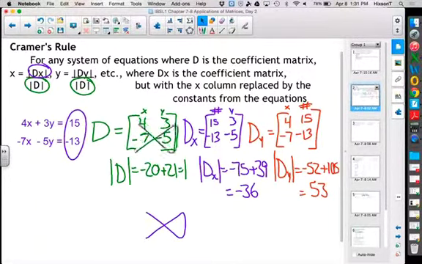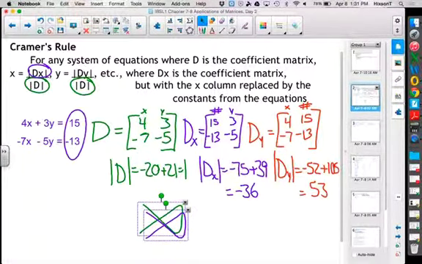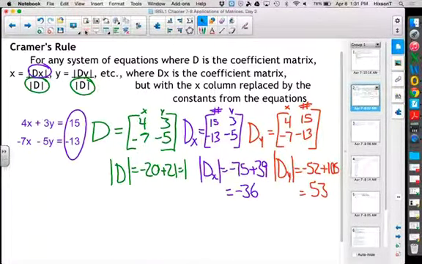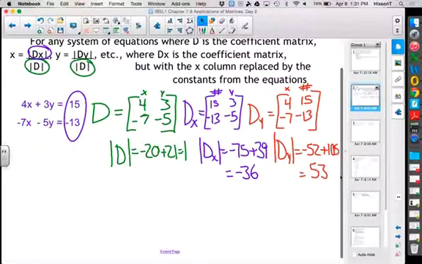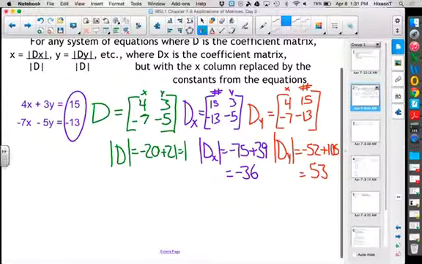So, I'll remove those so you can see the original. Alright, so we're mostly done here. Now it's just a matter of actually using Cramer's rule. You look back at Cramer's rule, it says that x is the determinant of D sub x, negative 36, over the determinant of D, which in this case happens to be 1.